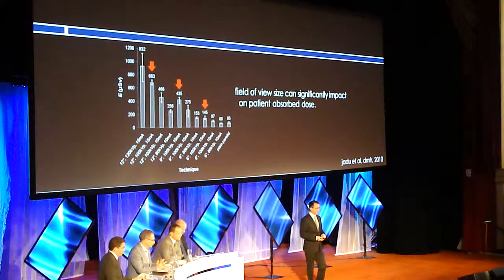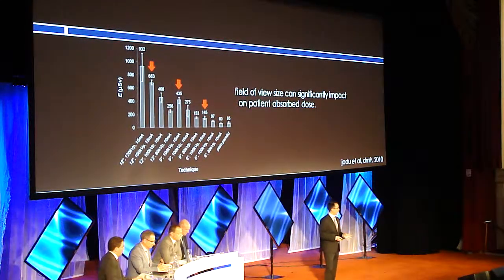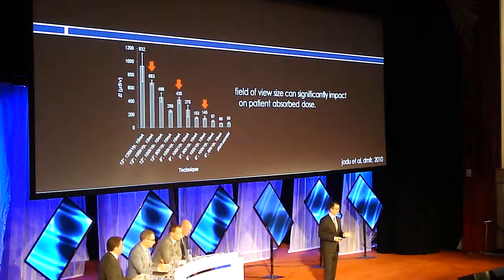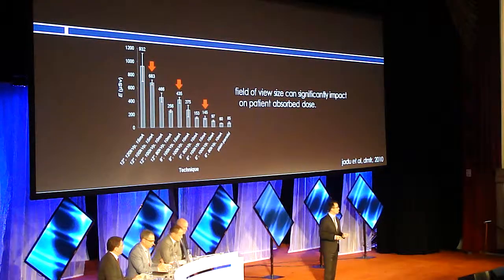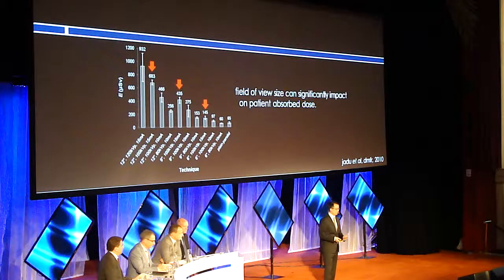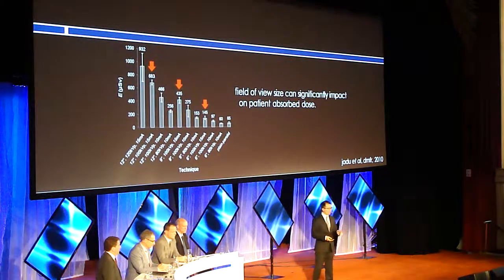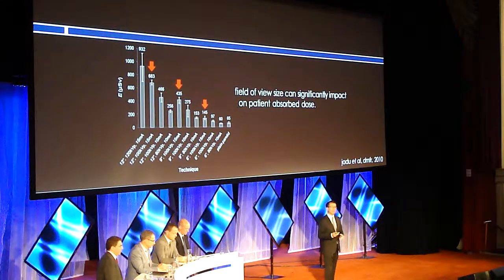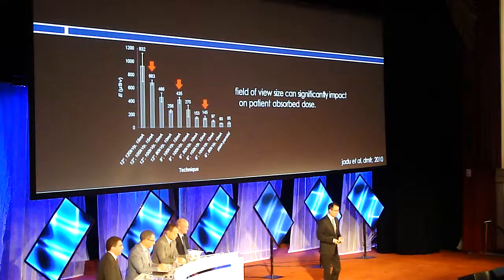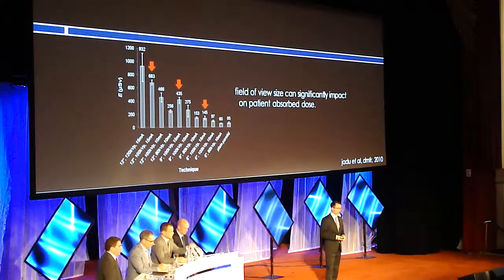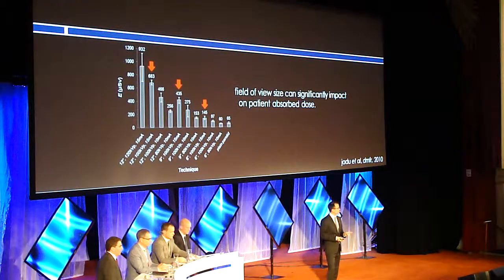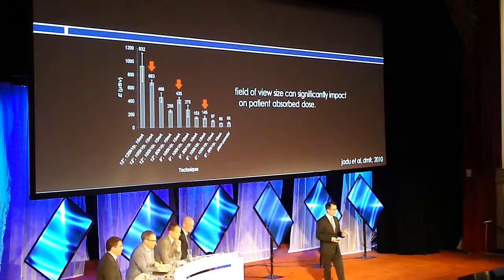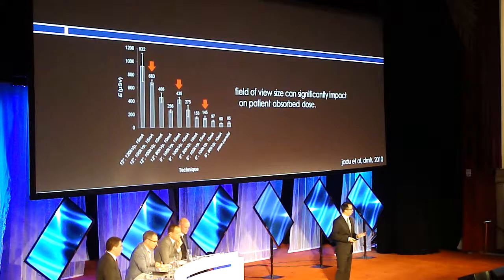This is a nice little graphic that demonstrates on the y-axis dose equivalent, and on the x-axis a number of different technical factors that were modified. The red arrows show different field of view sizes, with all other factors being equal. You can see when a 12-inch field of view is used, and that's the red arrow at the far left, the dose is about 600 or 700 microsieverts.